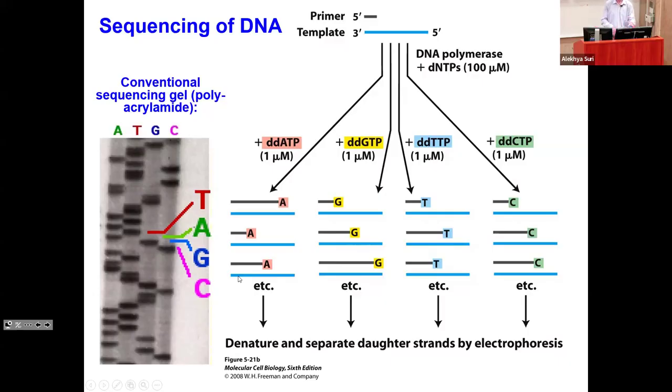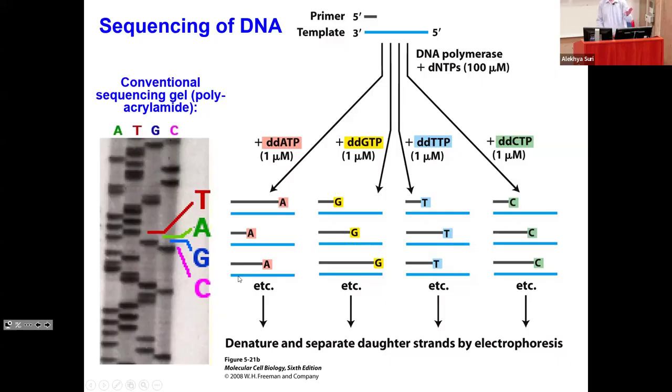So at a certain concentration, you do that with all four, A, G, T, C. You have four different lanes, and you can read the sequence on the left side going top to bottom, for example, C, G, T, probably another T, A, T, and so on. So you can read out the sequence.